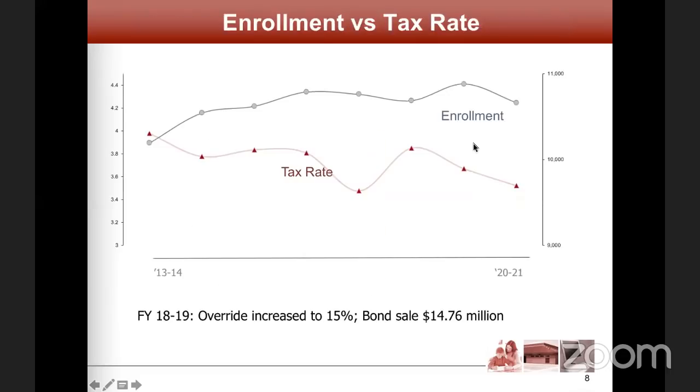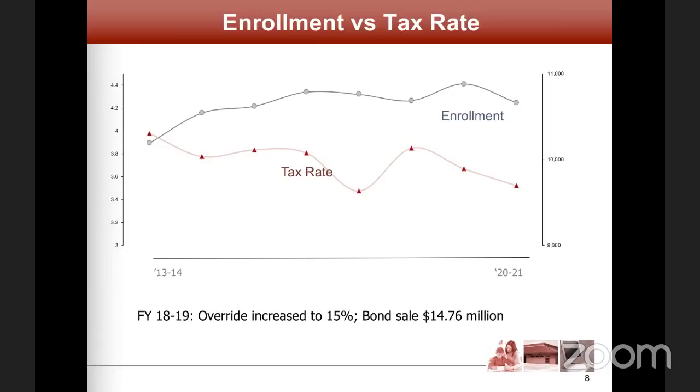Next slide, please. So when we look at our enrollment versus our tax rate, the top line with the circles is our enrollment over the years since 2013, all the way up to the projected amount for the 2021 school year. The tax rate is the lower line, and you can see how that fluctuated throughout the years.